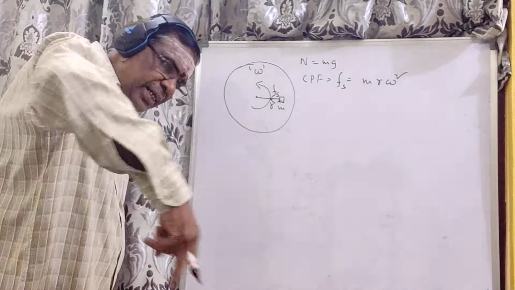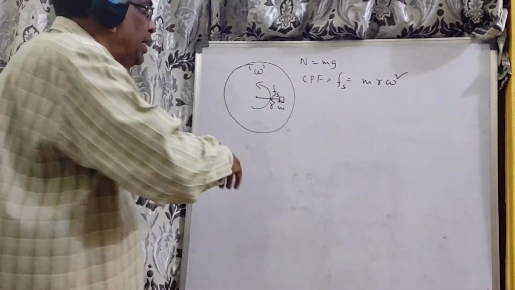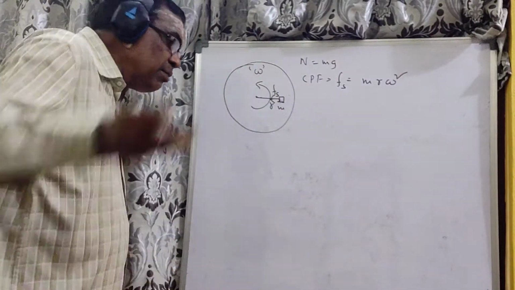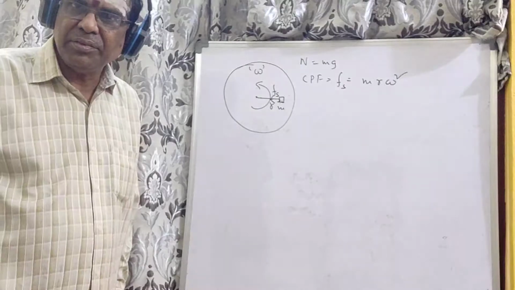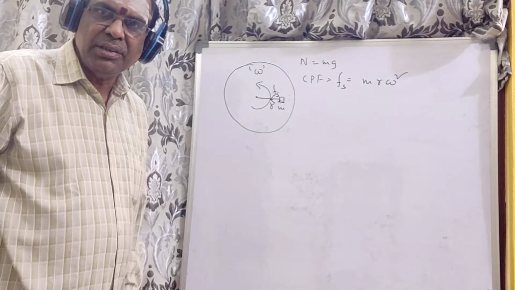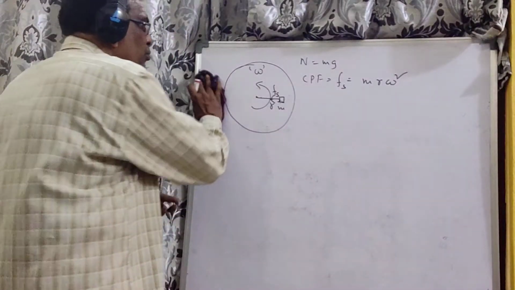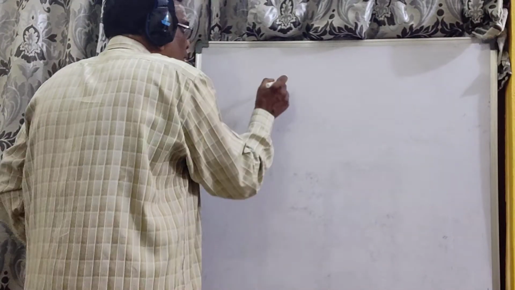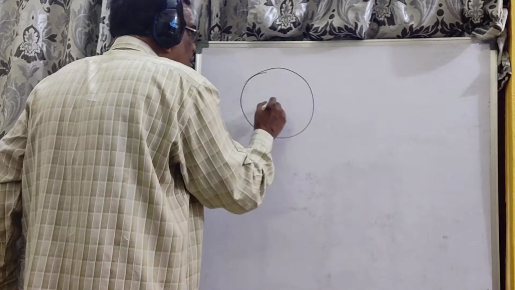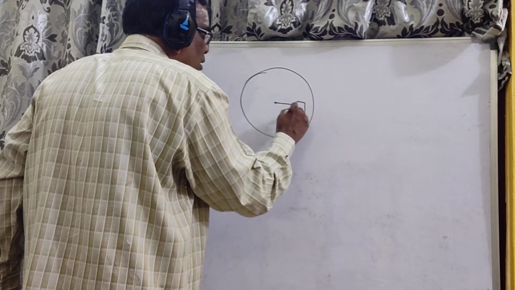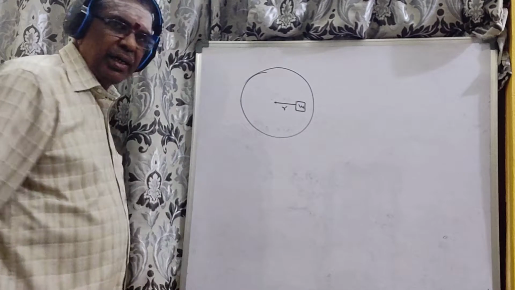What is this scenario? Follow. There is already a disk rotating, and there I am placing this body. I hope you have got this point. I am now going into a little more complication. Here is a similar disk. At the same distance r, I have placed a body of mass m.